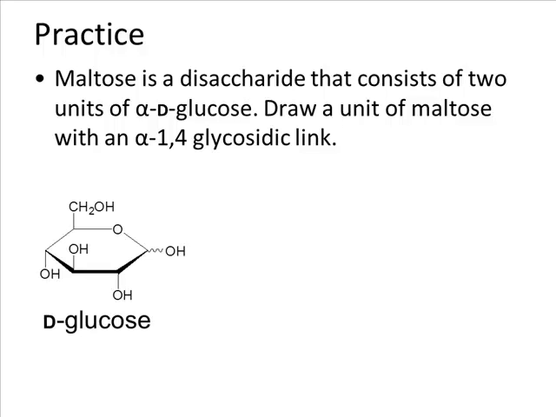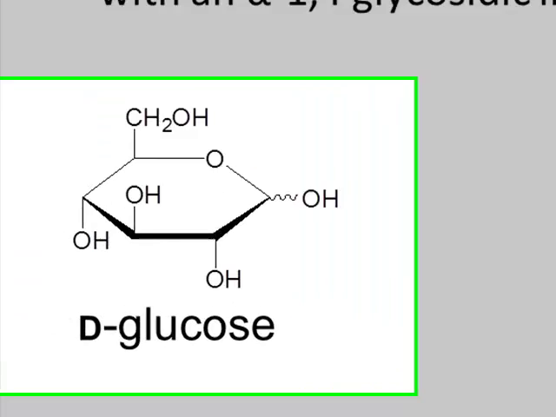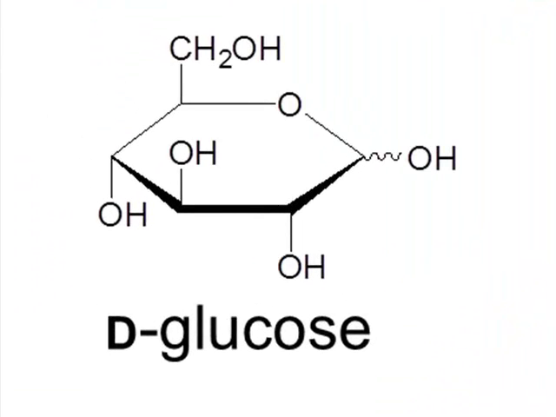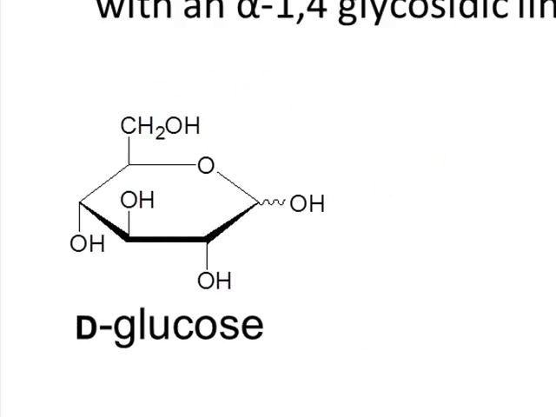So here's a unit of D-glucose. I've drawn the anomeric carbon's OH group with a squiggly line, which means it could go up or it could go down. Based on your knowledge of alpha and beta, you should know which way it should really go. So once you've determined that, pause the video and draw a unit of maltose with an alpha 1,4 glycosidic link.